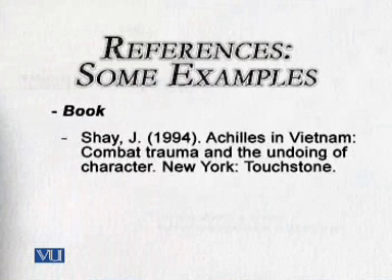There are some books which have dual titles, major and then minor. Both we need to mention, and we separate them with the help of a colon. What comes next is New York, and then again a colon and Touchstone. New York is the place where this book was published, and Touchstone, of course, is the publisher. So this is how we document a book.